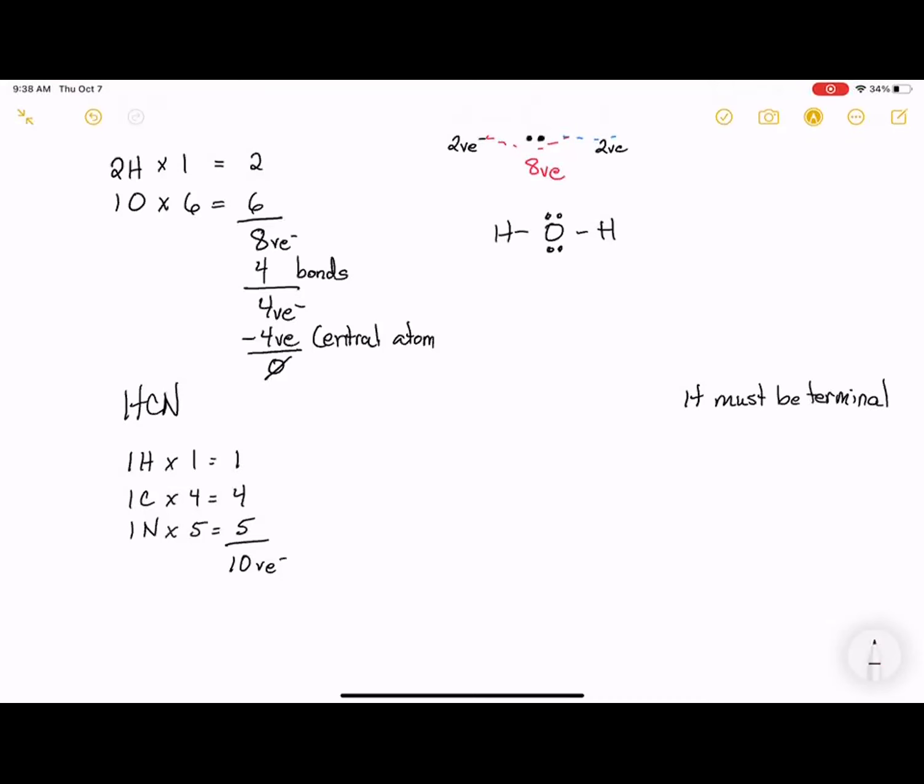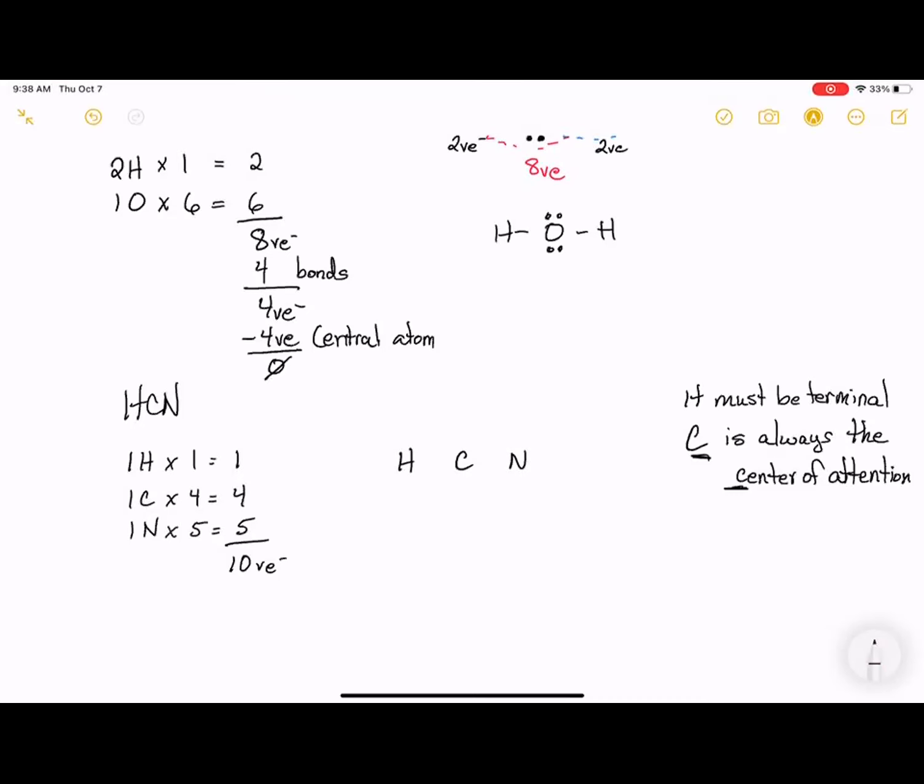And number 2, which I always use this phrase, carbon is always, and I do mean always, the center of attention. And I use that because CNC. So the carbon is going to be our central atom around which we'll place the hydrogen and the nitrogen.